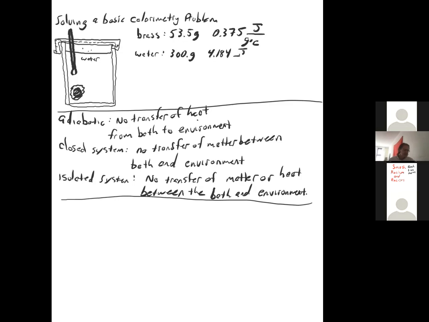That's one you might even want to memorize, 4.184. So we got that. So the temperature of the water, it tells us, is 22.0 degrees C. And then they say when the water is done changing temperature, its final temperature is 23.1.